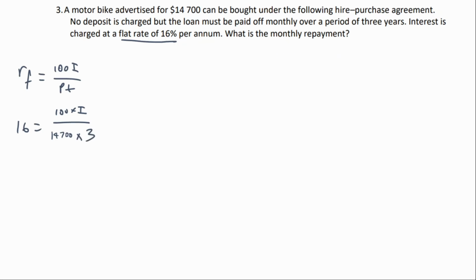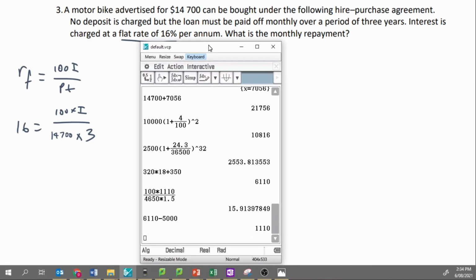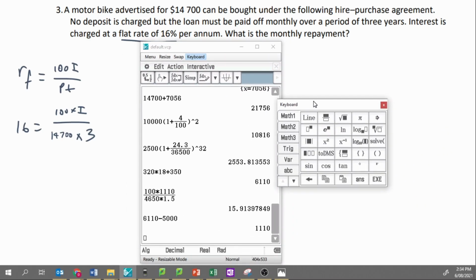Alright, so once you're here, you can rearrange the formula so you get I by itself. But if you do that, you may risk getting something wrong. So I'm just going to put that straight into the calculator using the solve function. That is the easiest way to do this question.